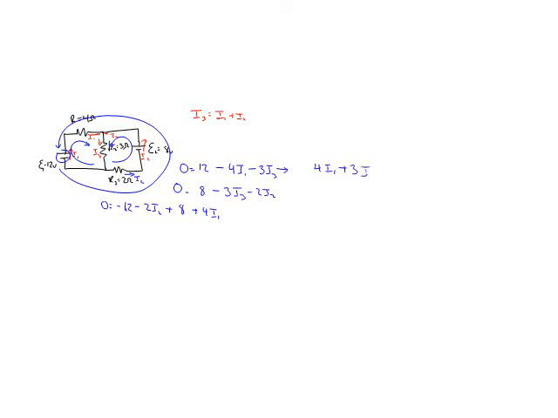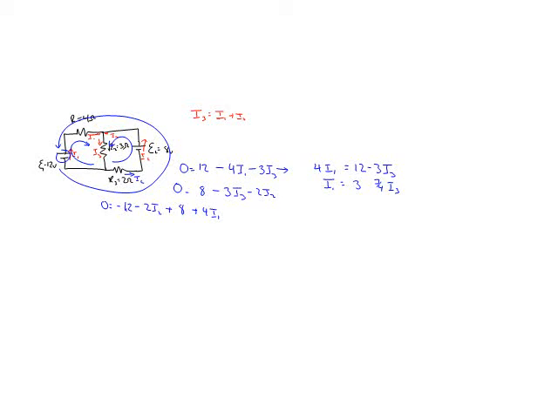Wait, I wanted to solve for I1, right? So I need to get I1 by itself. So we have 4I1 equals 12 minus 3I3. I1 equals 3 minus 3/4 I3. So there's one equation.